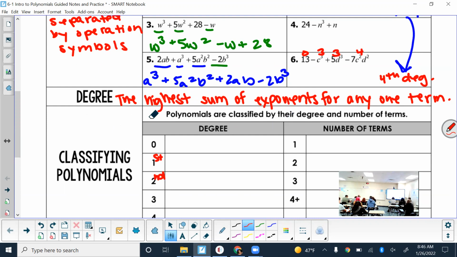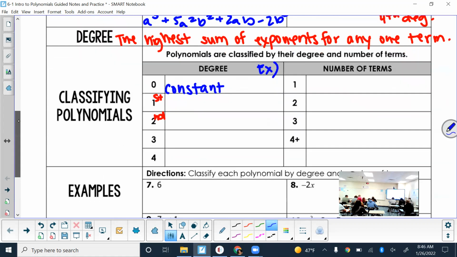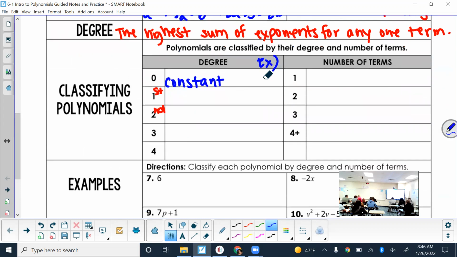But sometimes they also use other words. If it's a 0 degree polynomial, then that is called a constant. I'll probably give you one example of each. So a constant like the number 7, that one doesn't have a variable with an exponent, so it has a degree of 0.